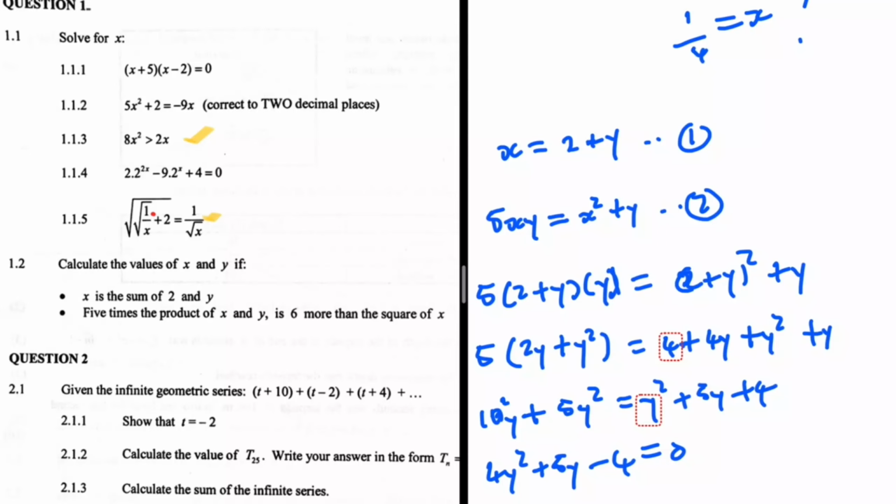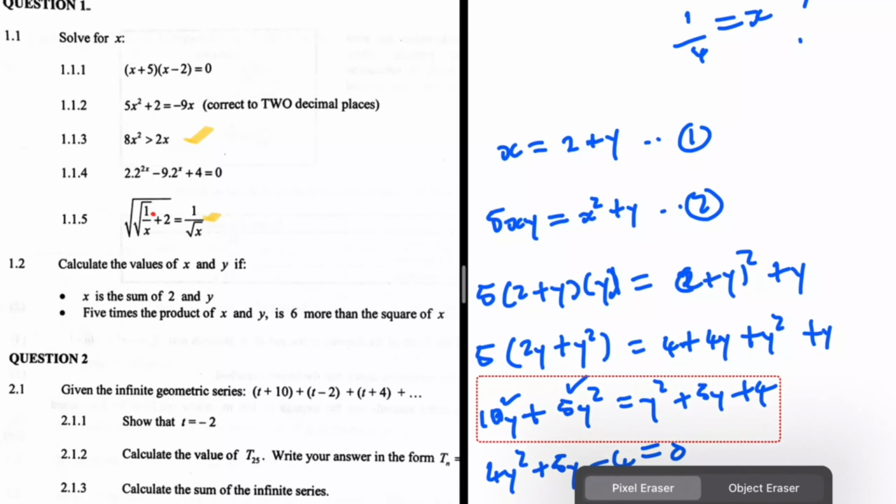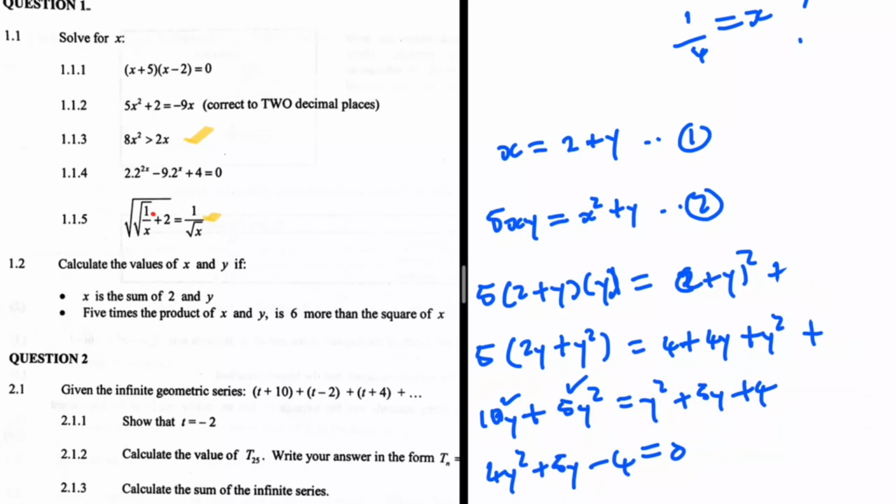5 multiplied by 2y, that is 10y. 5 multiplied by y squared, that is 5y squared. And then 2 multiplied by 2, that is 4. And then plus 4y plus y squared plus 6. You see, I've made a mistake here. I've written y, and that is supposed to be 6 actually. Right. So that is a very bad mistake.